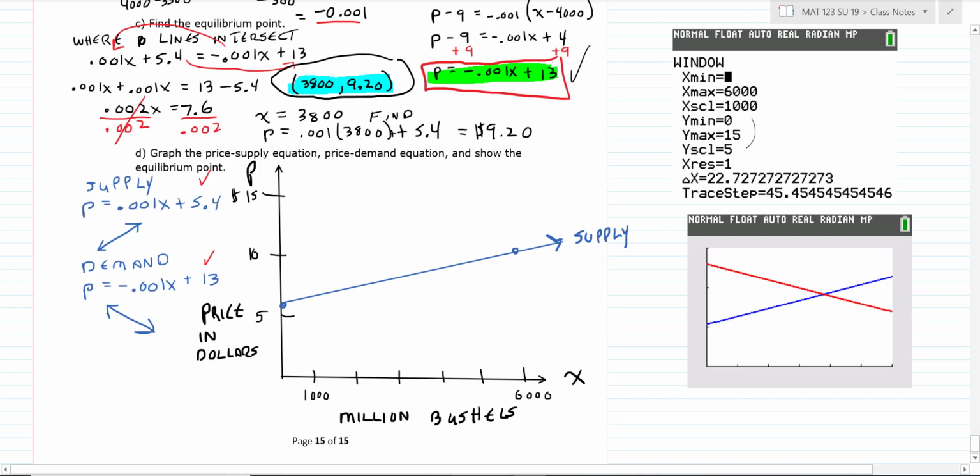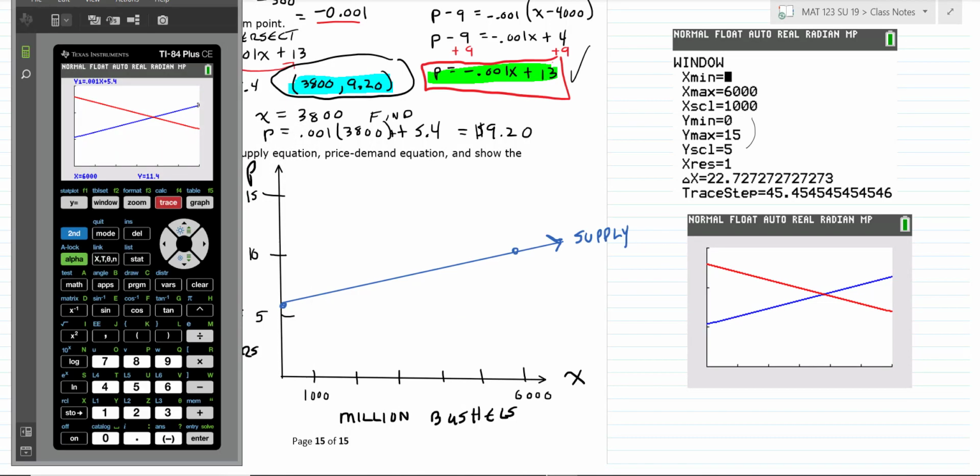Now on the calculator, I'm going to repeat, but I'm going to get 2 points on this red line. Now watch carefully how I do this. If I type the trace button, right now it's only tracing the blue line. If I want the red, I got to toggle with my up and down. See how I'm doing that? Okay, I want it to be red. So now it's going to be tracing the red.